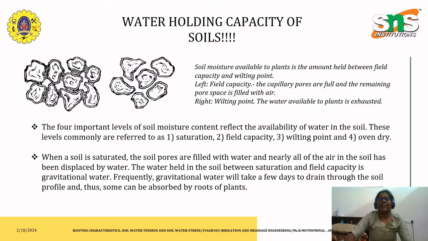For example, at my home, in my childhood days, I used to plant rose plants. It is a plant which gives us lots and lots of roses. The water absorbing capability of that plant is different from that of the agricultural crops that we are going to discuss in the coming classes.